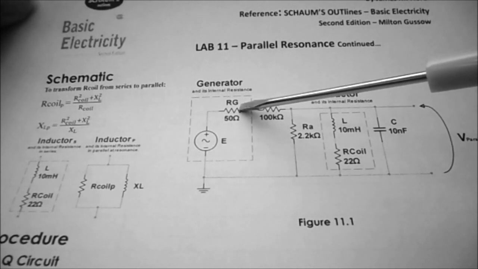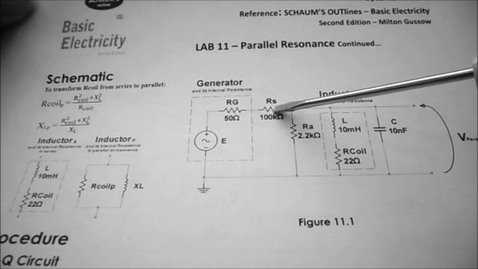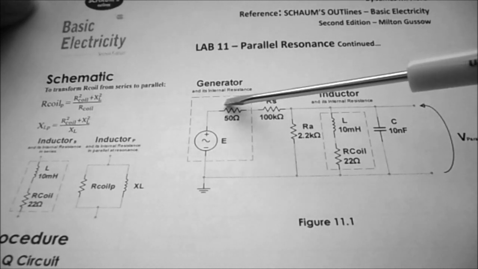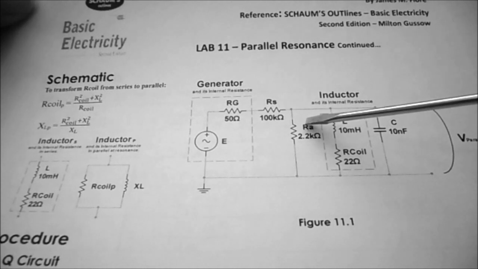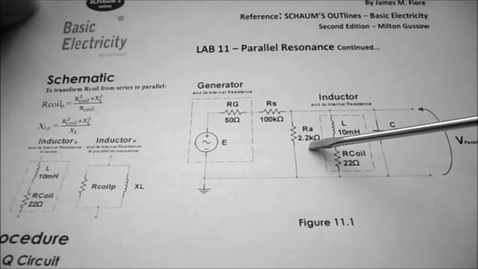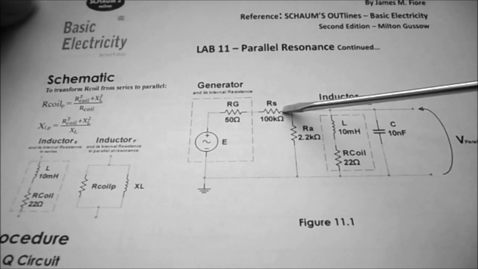The 50 ohms internal to our voltage source is insignificant compared to the 100 k ohm resistor, so we can ignore the 50 ohm internal resistance. And then you can see we have a 2.2 k ohm resistor. Basically that's going to be insignificant compared to the 100 k ohm resistor.